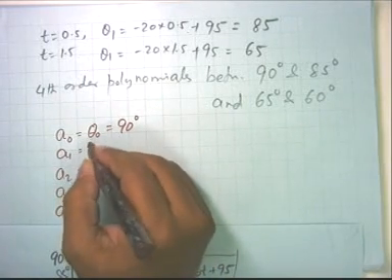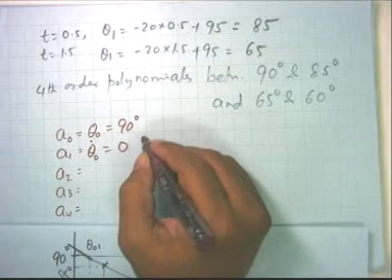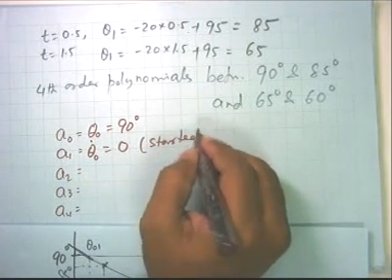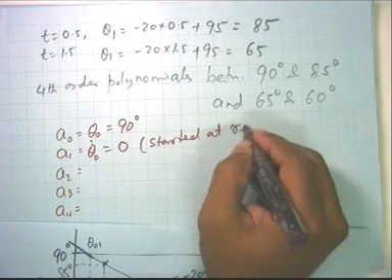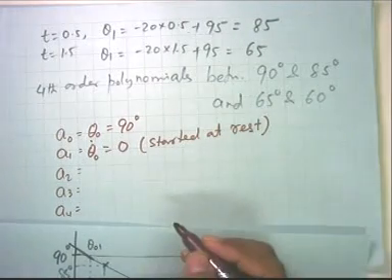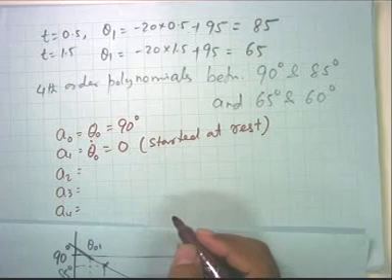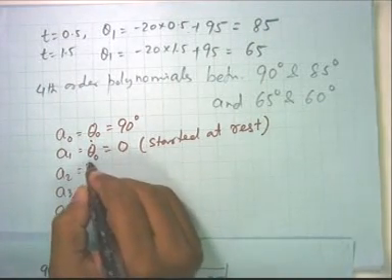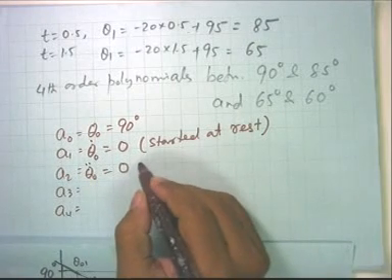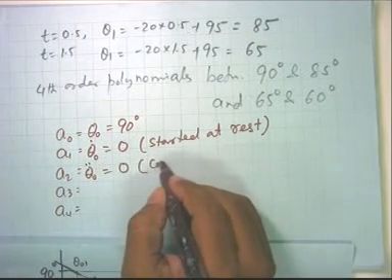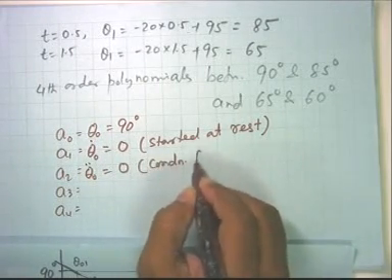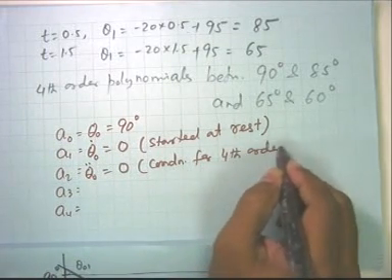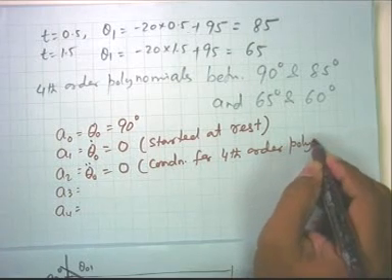A1 is theta 0 dot, which is 0, that means it started at rest. If it is at rest, it means velocity was 0. A2 was equal to 0, the condition for a fourth order polynomial.